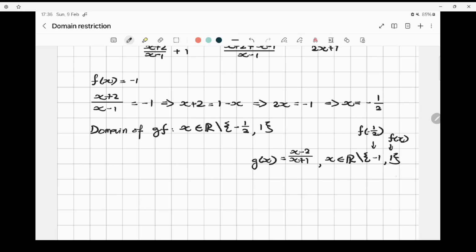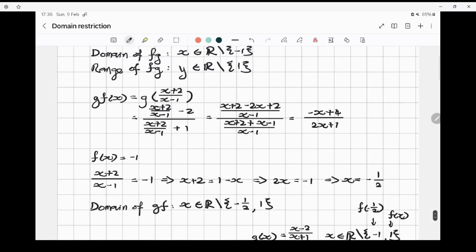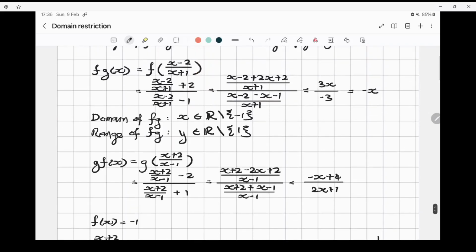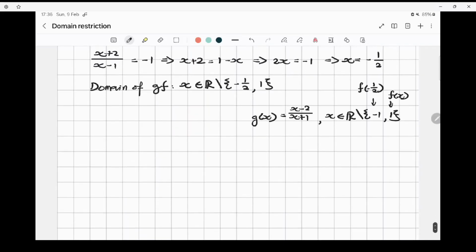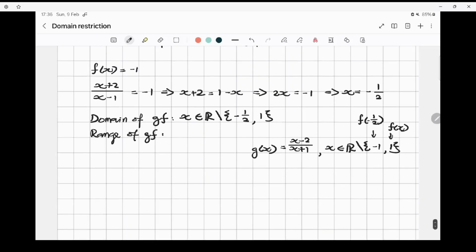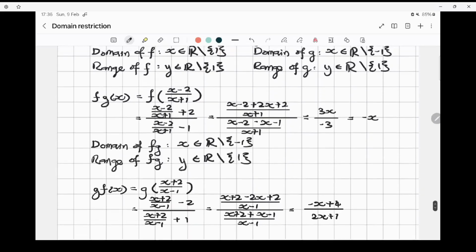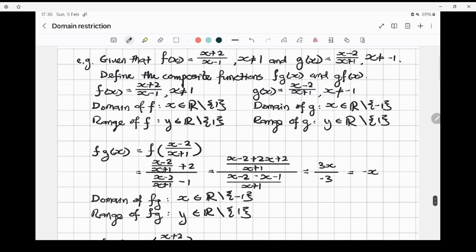Then you need to be careful as well when you define your range. Because if you are just having this particular domain, then you know that the range of g is just y in the subset of R excluding 1.